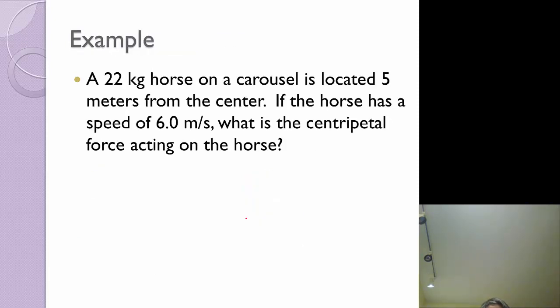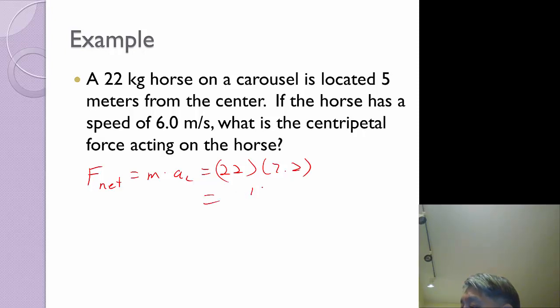So here's a continuation of my example. It's the same 7.2 because it's the same 5 meters and 6 meters per second. But now I give you a mass and I want to know what is the centripetal force acting on the horse. Well, centripetal force is the same thing as net force, so I'm just going to do mass times my acceleration, or since I know what my mass is, that's 22 kilograms, times the 7.2.